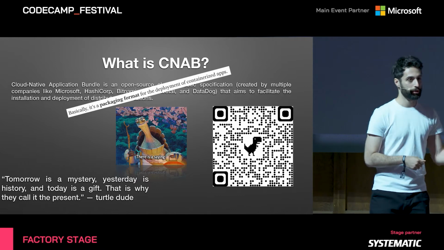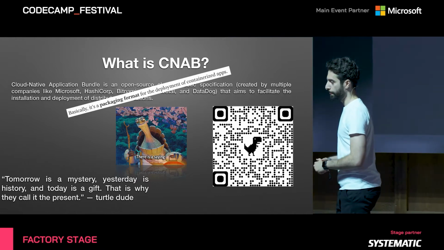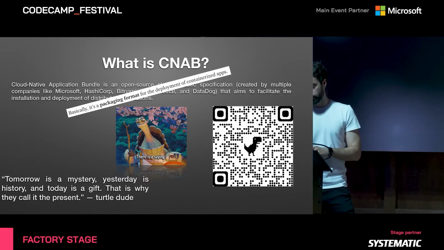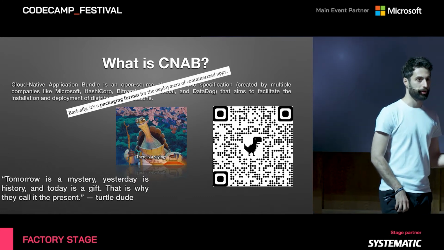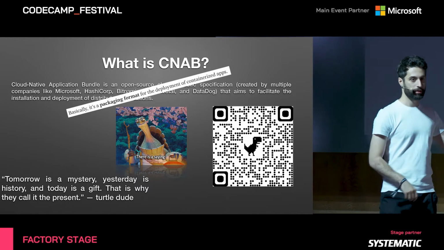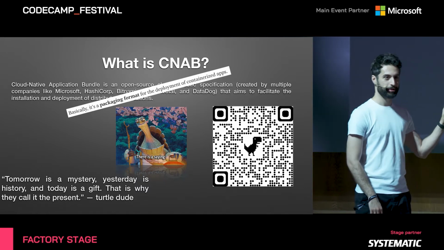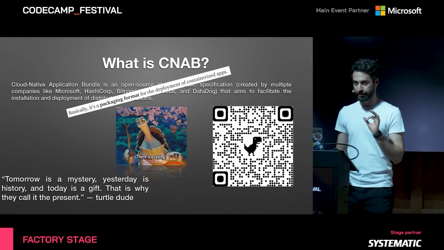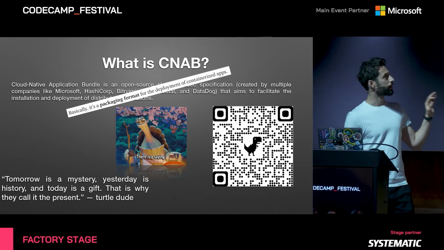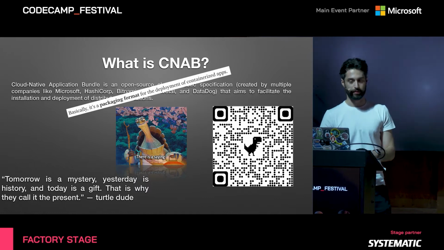The first time I read that, I didn't understand anything. But it all boils down to one thing. It's just a packaging format for the deployment of your applications, right? Basically, that's the presentation. That's it. This is the important part. Let that sink in, because it's crucial. It's basically you can get rid of your ops people with this thing.